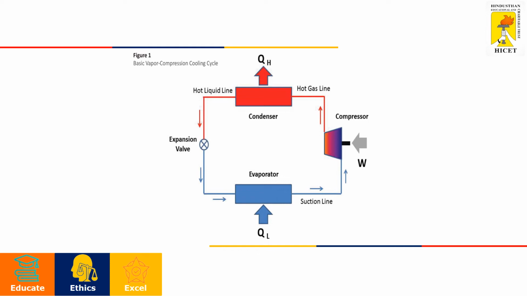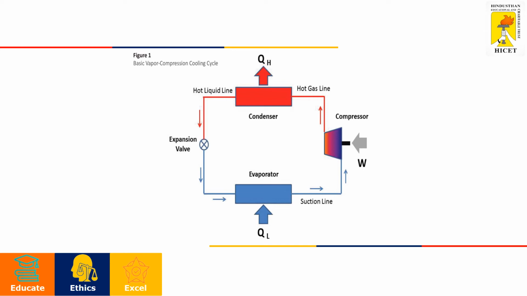Fine. How does it work? How do we obtain the required cooling inside the refrigerator? That is what we're going to discuss now. I'll start from the left side of the evaporator. There will be a tank, a reservoir where the refrigerant is kept. In industries, in some cases they use water as a refrigerant.